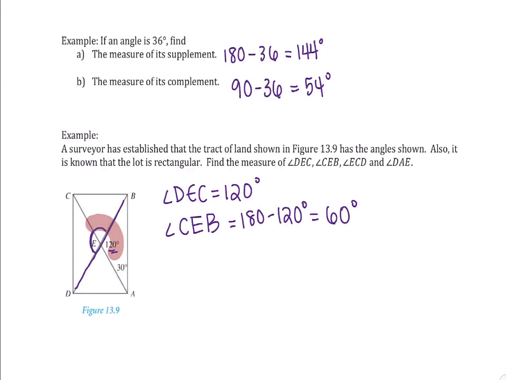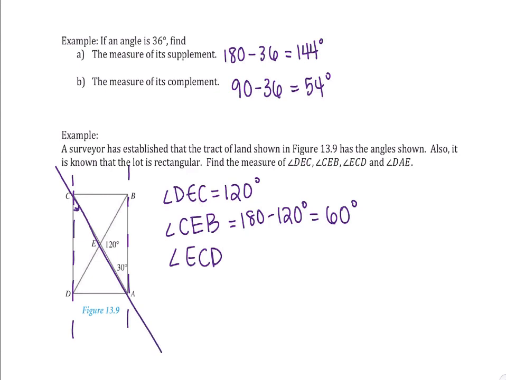Now let's look at ECD. This angle is up here, ECD. And even though it's hard to see this, I want you to realize that opposite sides of a rectangle are parallel. And so we can actually consider this line AC to be a transversal.